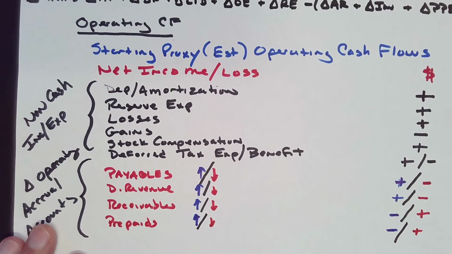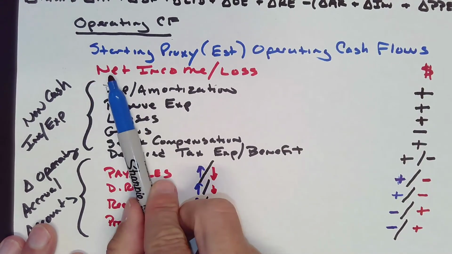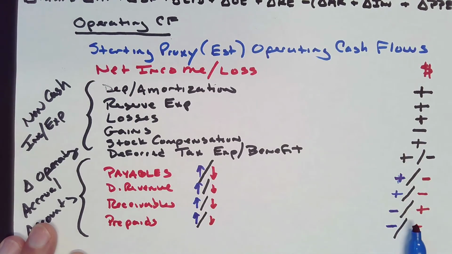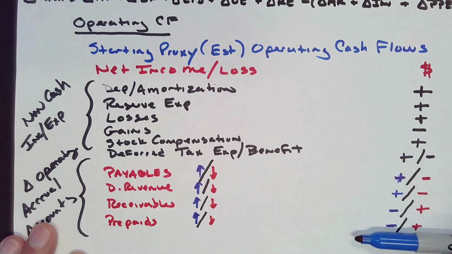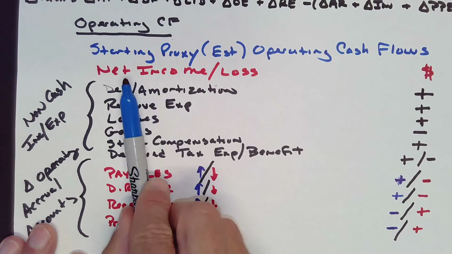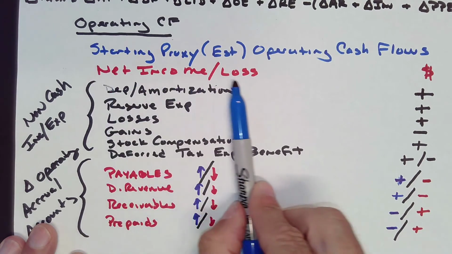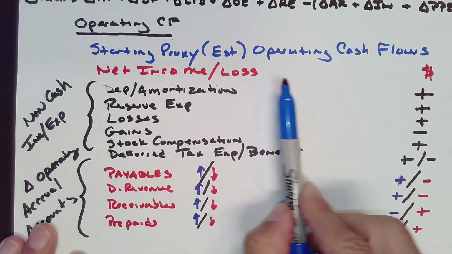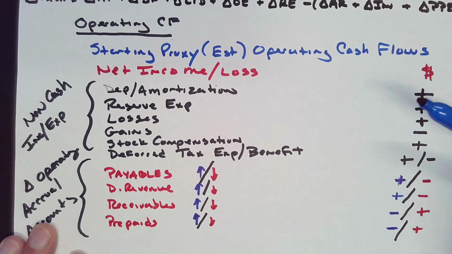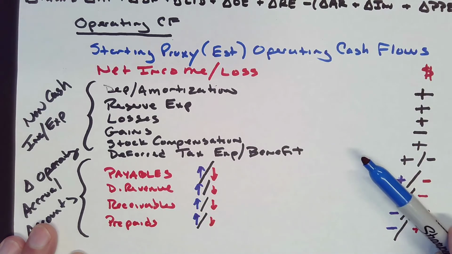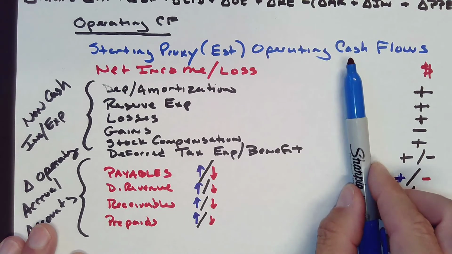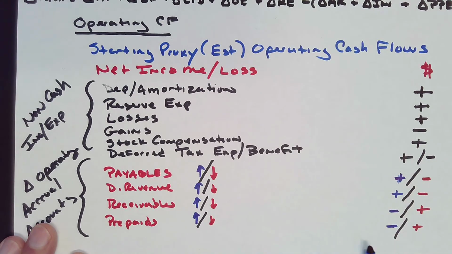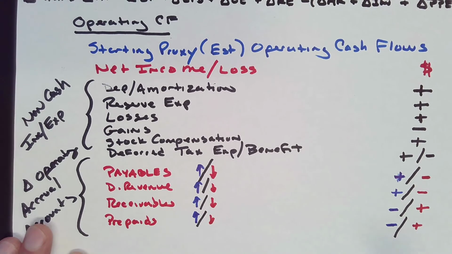So after we go through all of these steps, all this is doing is taking my accrual net income or loss, and adjusting it to go from my estimate of operating cash flows to what is a better estimate of operating cash flows.